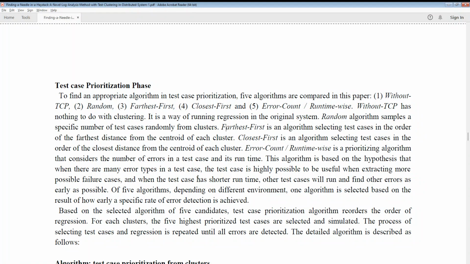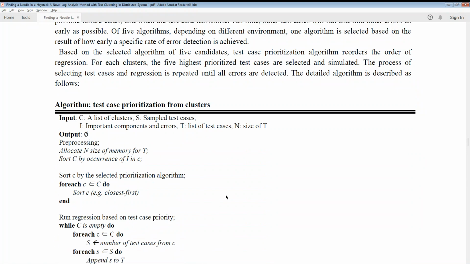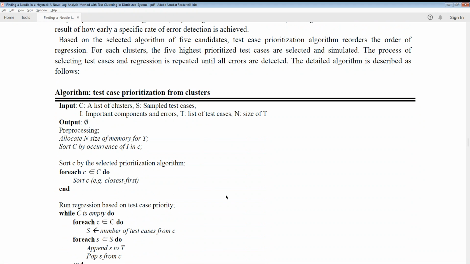So, of all five algorithms, depending on the environment, one algorithm is selected based on the result of how early a specific rate of error detection is achieved. Based on the selected algorithm of the five candidates, the test case prioritization algorithm reorders the regression.